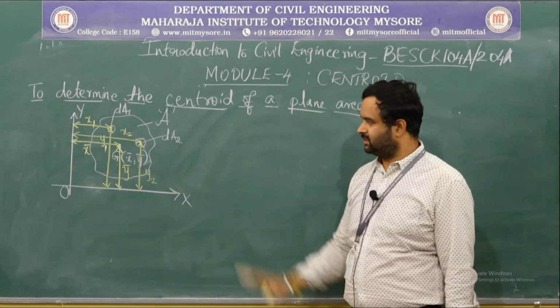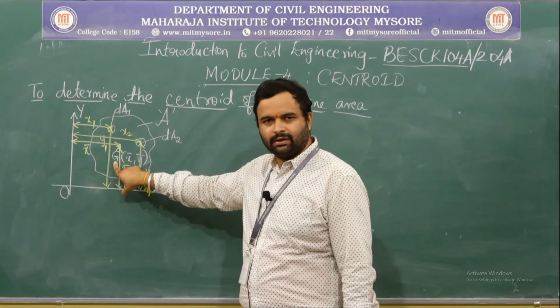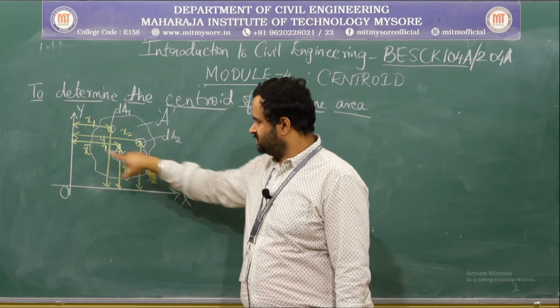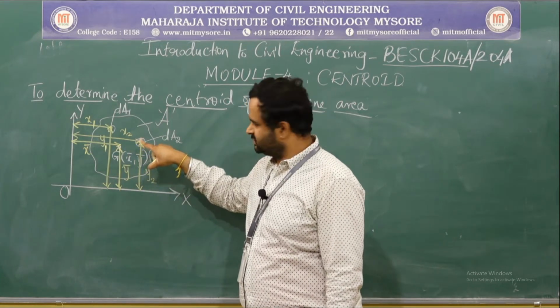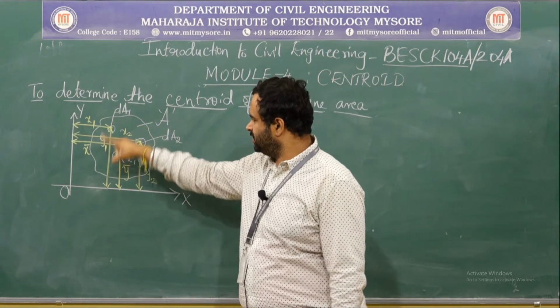So, what I have done is I have taken an area and marked its centroid and its coordinates G of x bar comma y bar, where the x component is measured from the y axis, the y component is measured from the x axis, and capital A is the entire area.